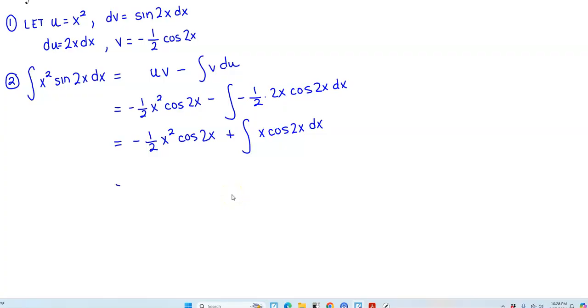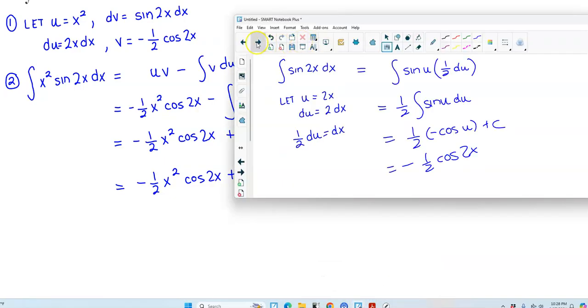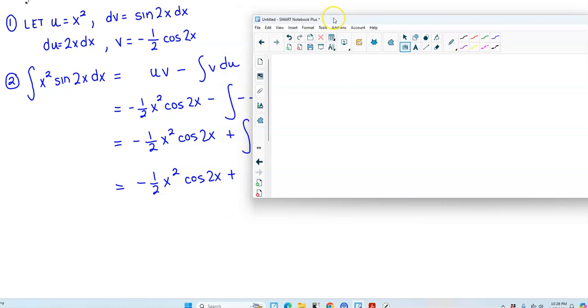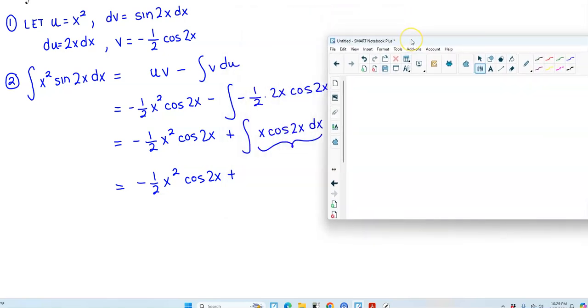Okay, and now we're going to have to integrate by parts again. So let's go ahead and do that. We have x times the cosine of 2x dx.